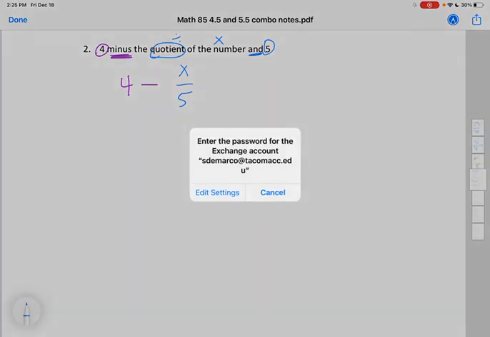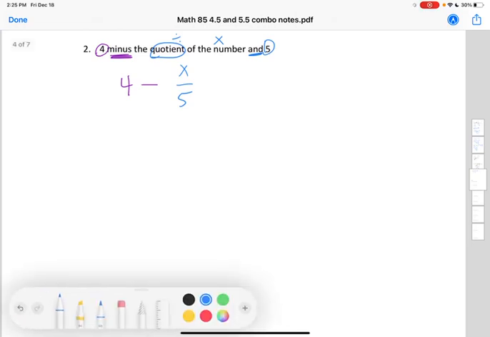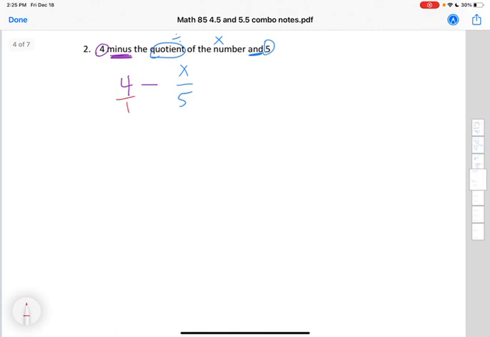Okay. For me, if you wanted to leave it like that, that would be okay. Some people like to just see it as one fraction just because it looks nice. So let's go ahead and just show you what that would look like. So I would put it as over 1. And then I would want to get common denominators here, which is good practice anyway, and it does look nicer.